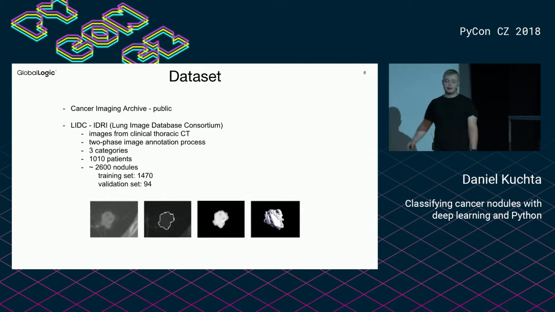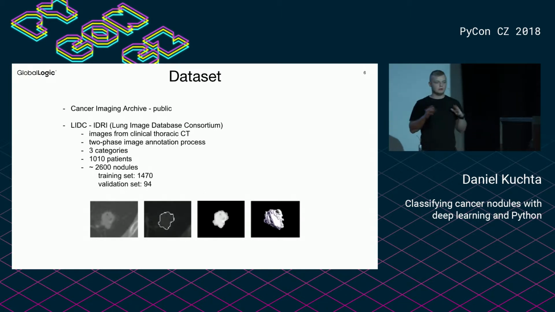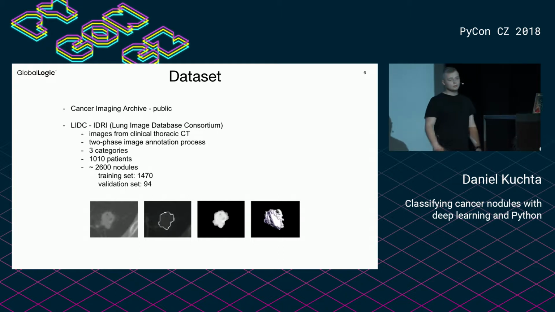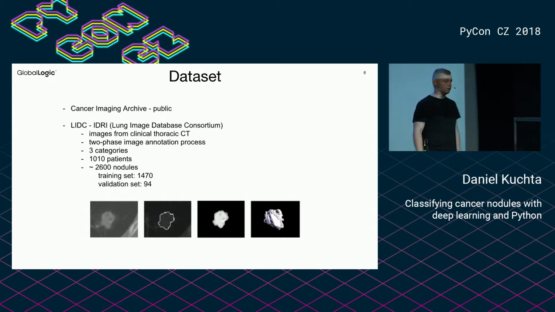So the classes were definitely benign, maybe benign, the third one was like never know, no one knows, the fourth one was maybe malignant, and the fifth one was definitely malignant. So we basically bucketized the two groups on the side.